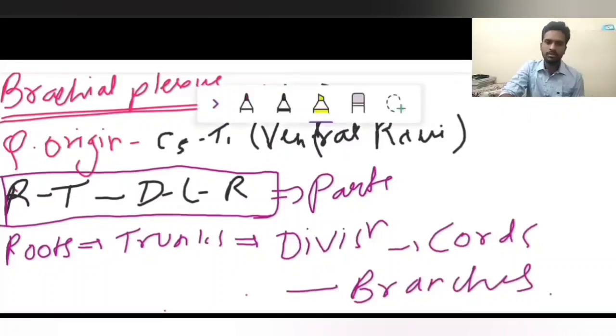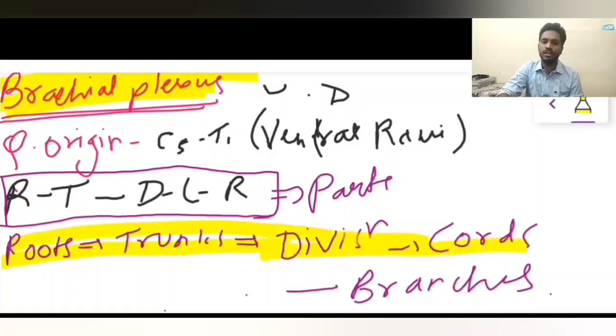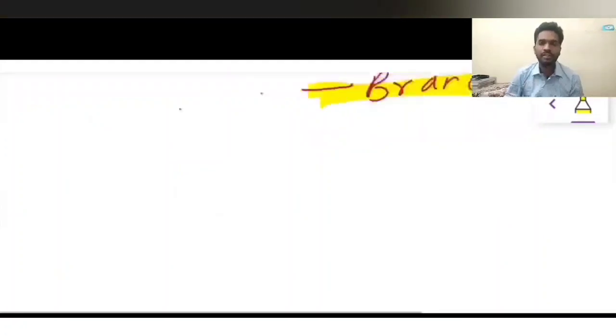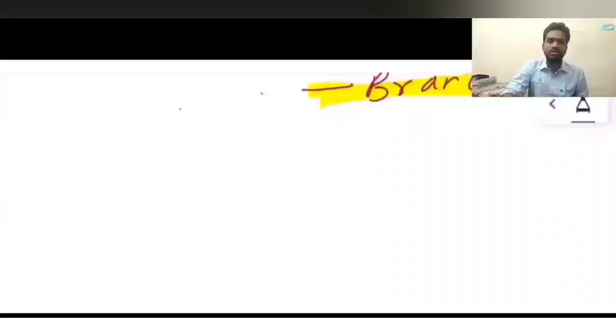Brachial plexus: what do we have? Roots. Roots continue to trunks, trunks continue to divisions, divisions continue to cords, and cords to branches. So first let's note down the roots. What was the origin?